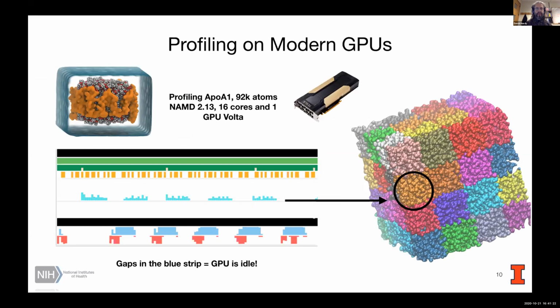And we can see that when we do some profiling on these modern GPUs. So this is something that was produced by Nsight Systems, where you can see these gaps in the blue strips here on the plot. And so that's showing where the GPU is idle, where we're not keeping the GPU busy.